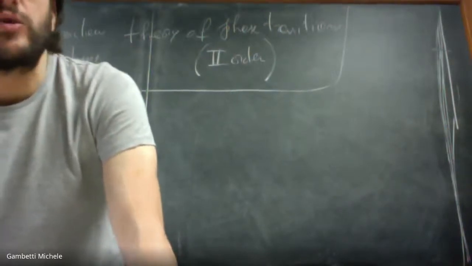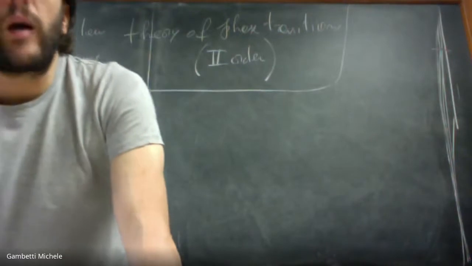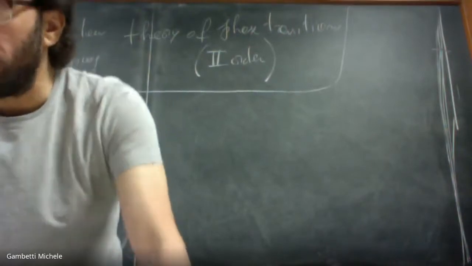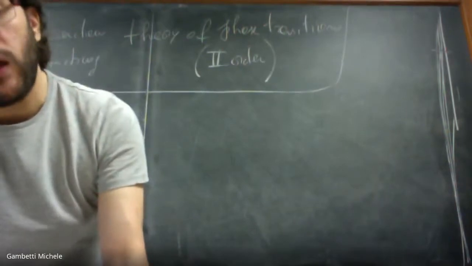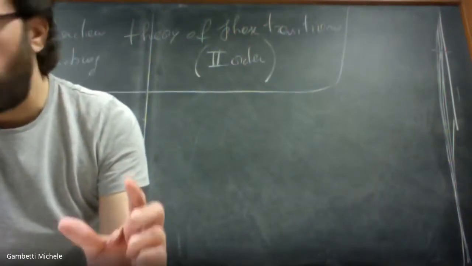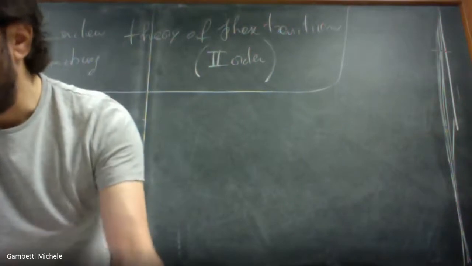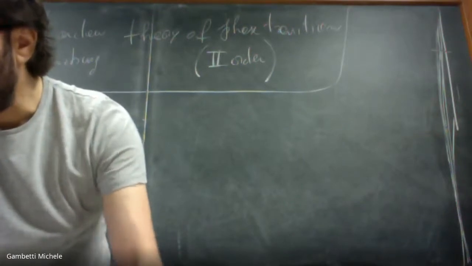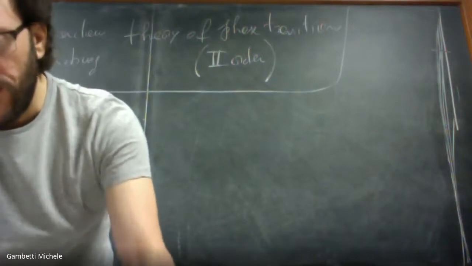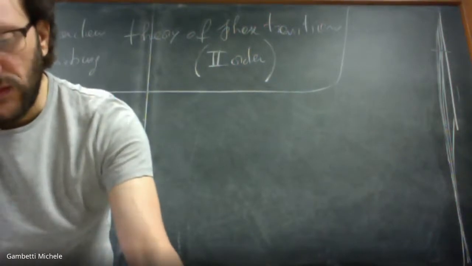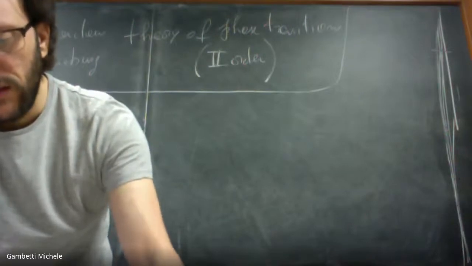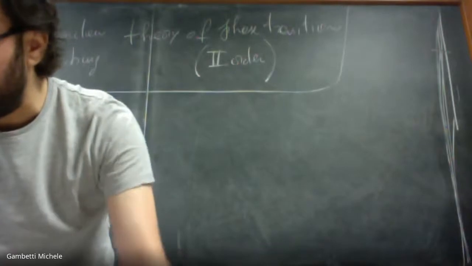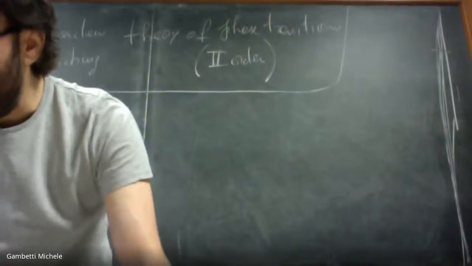For instance, in superconductivity, the order parameter is what is called the pair condensate, the energy gap associated with the formation of Cooper pairs, and there are other order parameters in other kinds of phase transitions. The idea is to write down a theory of the order parameter and use this theory close to the critical point.